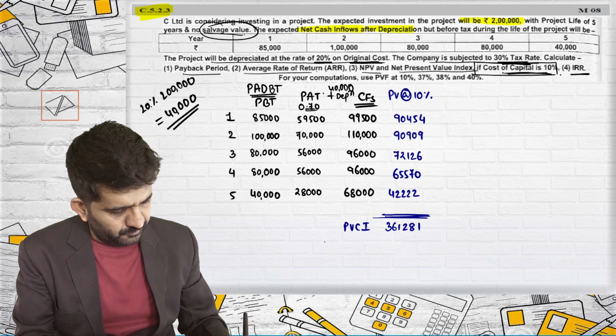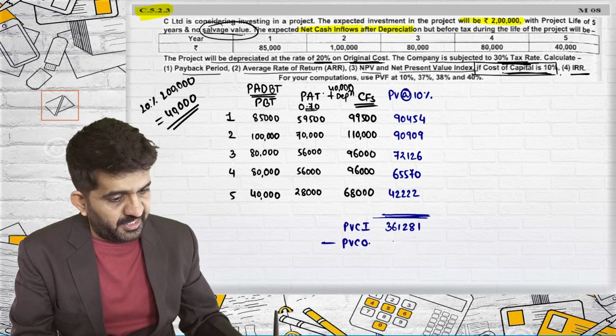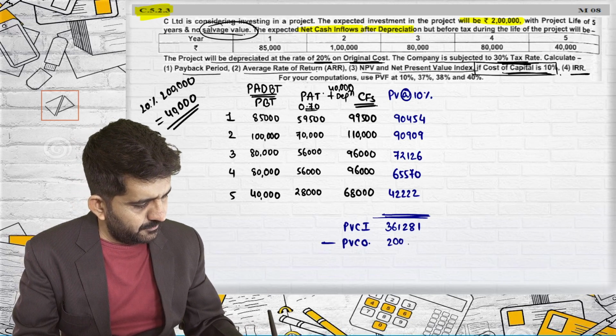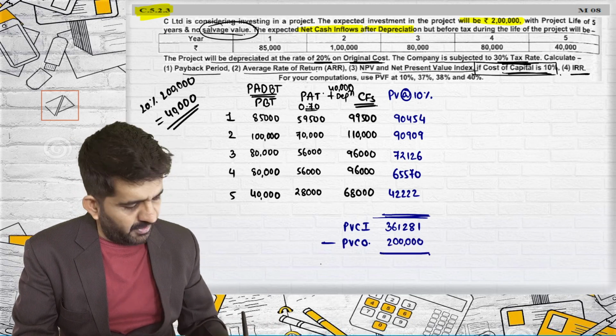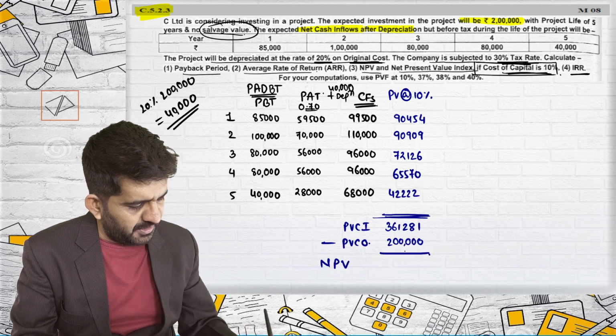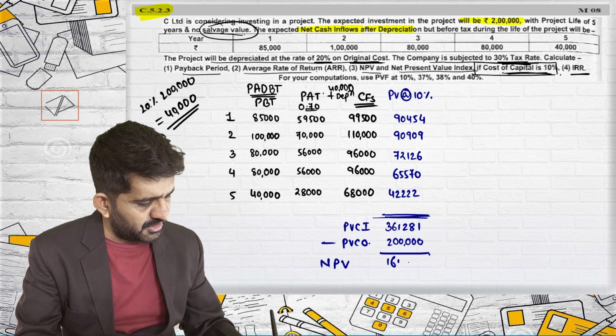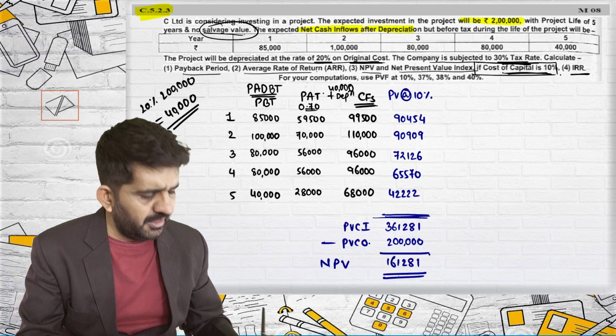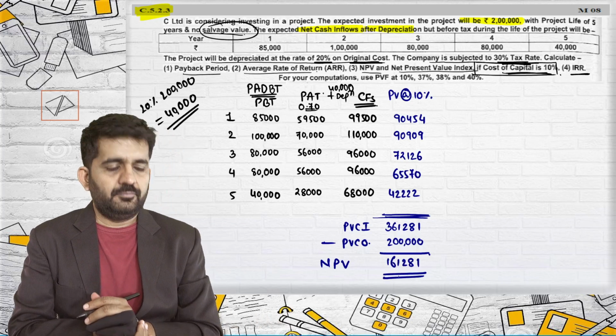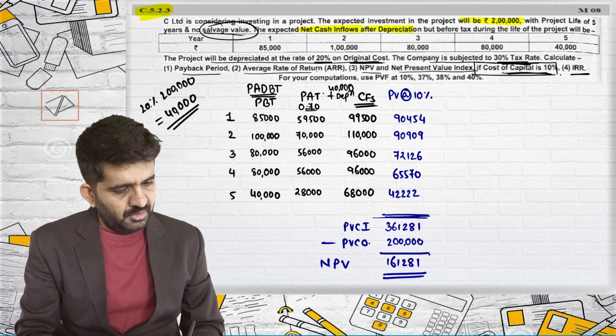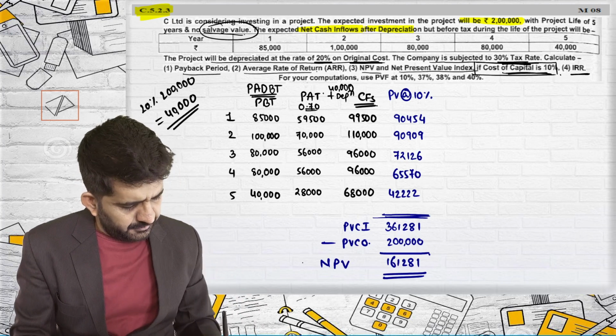Minus present value of cash outflow, which is 2 lakhs. I have got my first answer, which is NPV, 1,61,280. So this is my answer number 3.